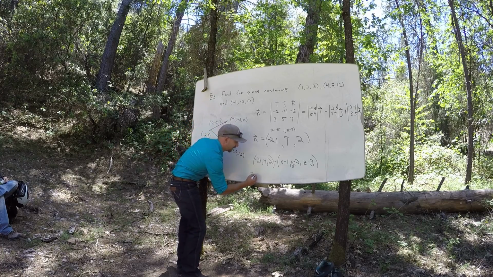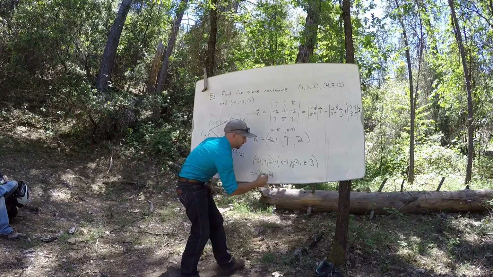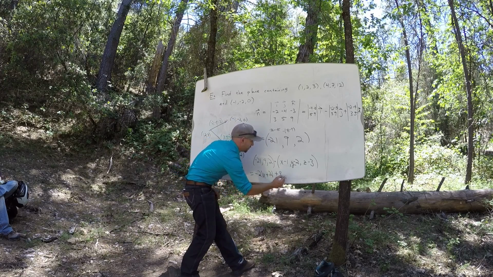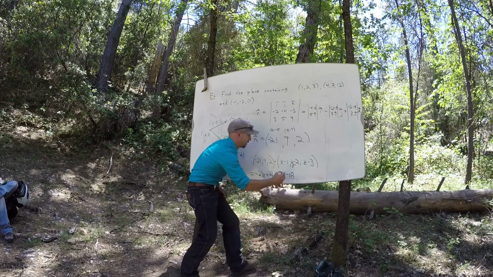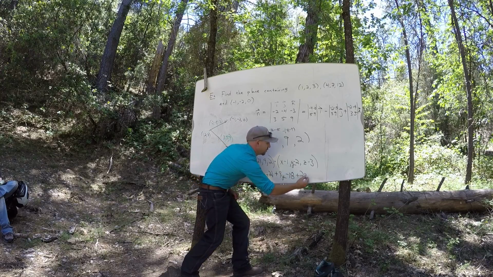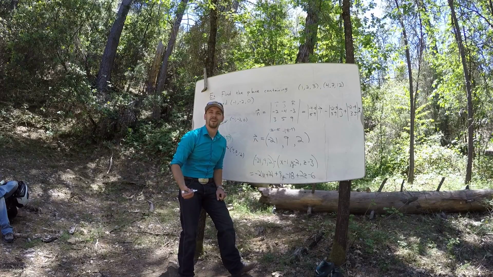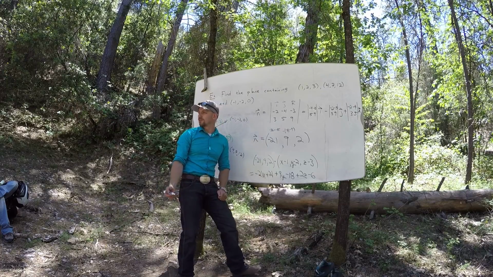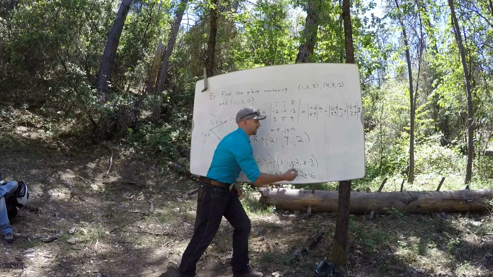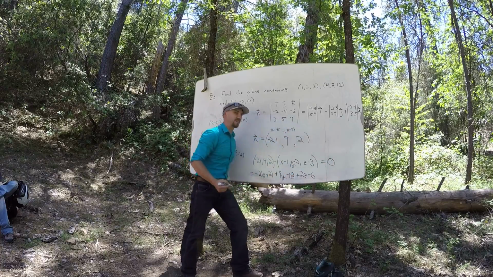So I get negative 11x plus 11 plus 9y minus 18 plus 2z minus 6, and we set it equal to 0. This thing better be equal to 0, right? Because it means they're perpendicular.